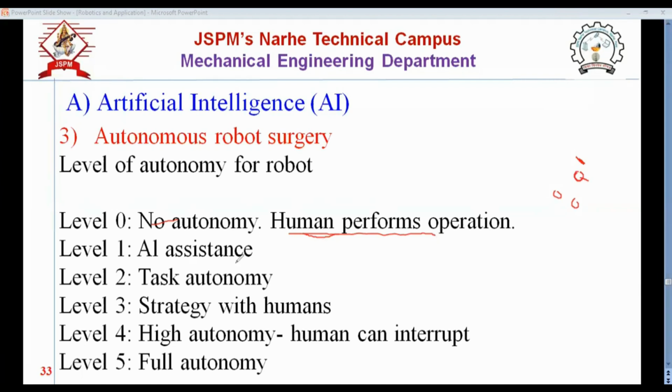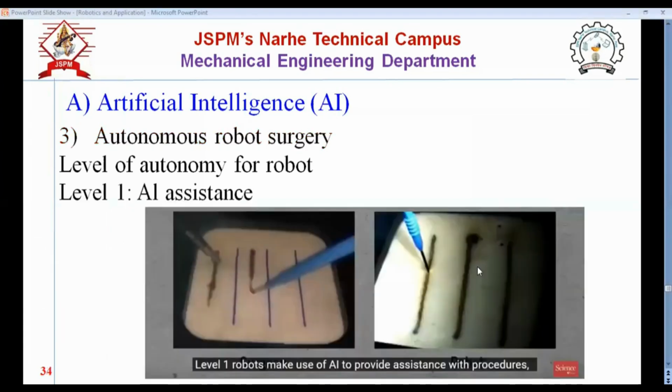Then comes task autonomy, where we give some task autonomy so that the robot can do some simple tasks. Then strategy. In level 3 autonomy, the robot will tell us different strategies. We will select the strategy and accordingly it will perform the surgery. Levels 4 and 5 are not yet implemented for surgery. So it is still the next step.